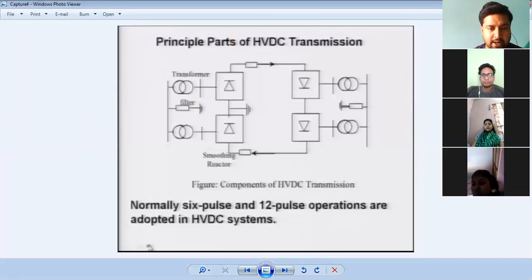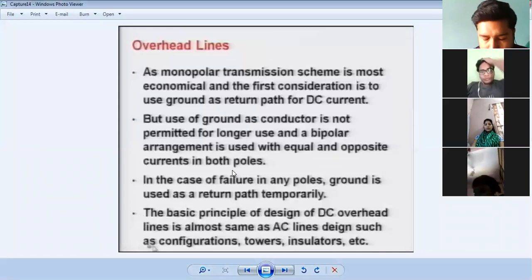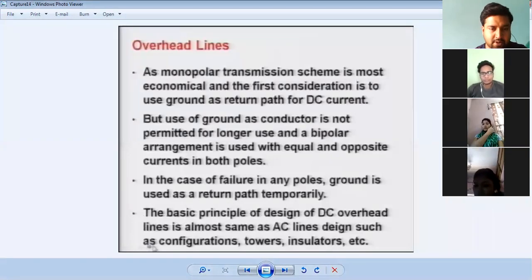In case of monopolar transmission, it is most economical and fast to use the ground as a return path for the DC current. Let me show you the picture.